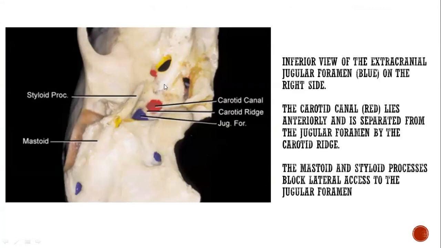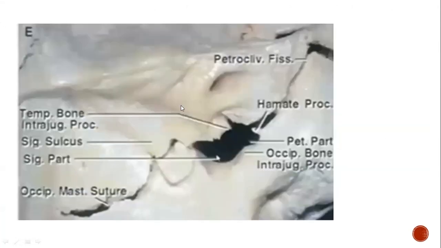This is again the inferior view. So the lateral boundary of the jugular foramen is the styloid process, which limits the lateral access of this foramen. Then here we can see anteriorly the carotid canal. This is the carotid ridge, which is a thin ridge separating the jugular foramen from the carotid canal.